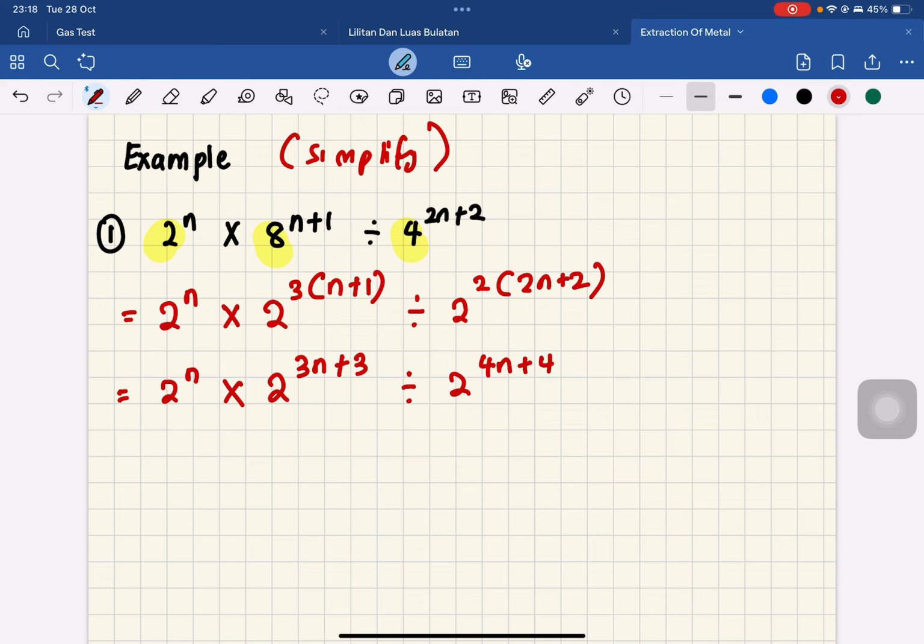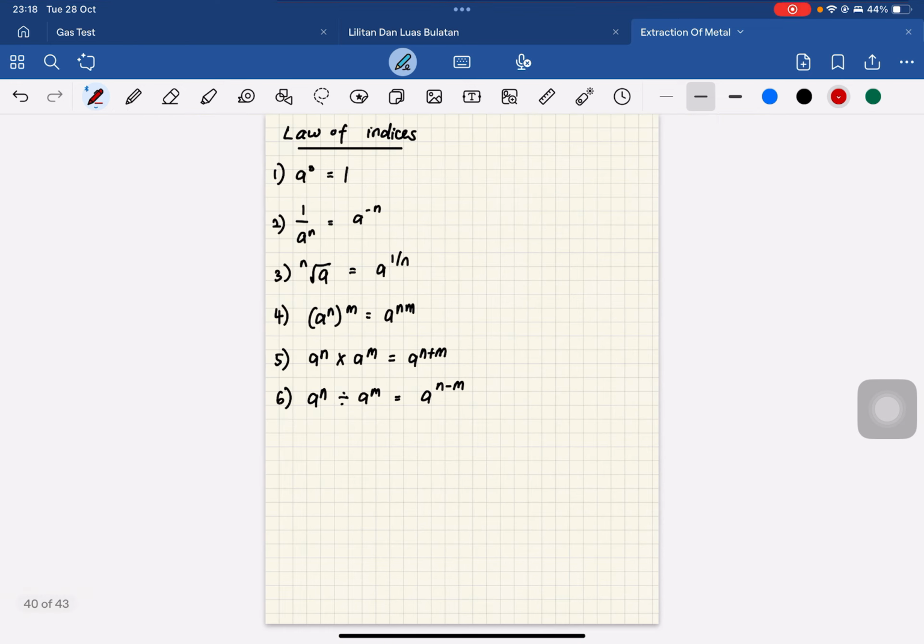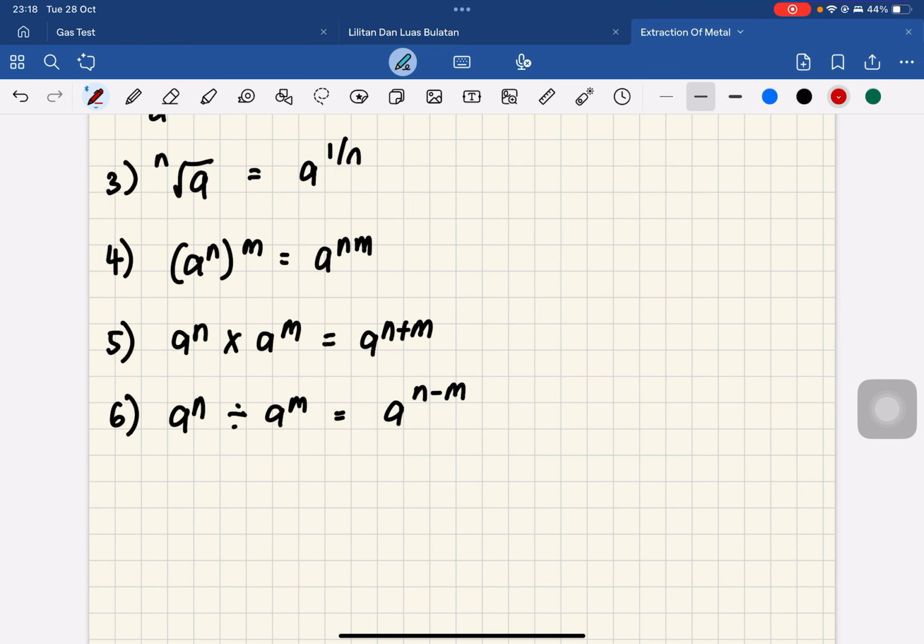Now we are going to apply the law of indices. As you can see from the previous page, let's look at rule number 5 and 6. Because just now our example involves multiplication and division, right? So multiplication is going to add our power, and division is going to subtract our power.